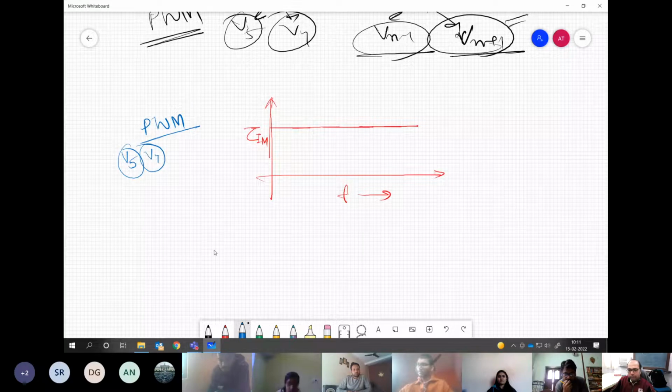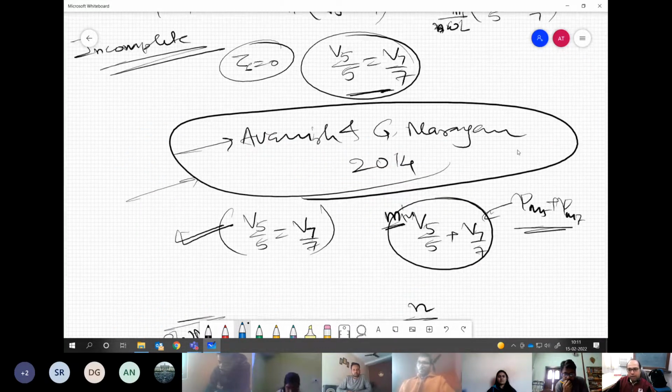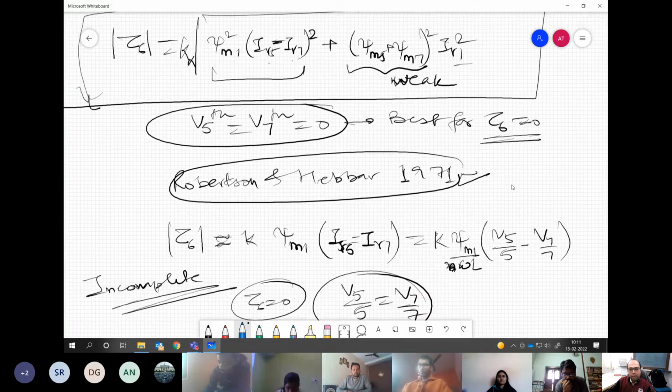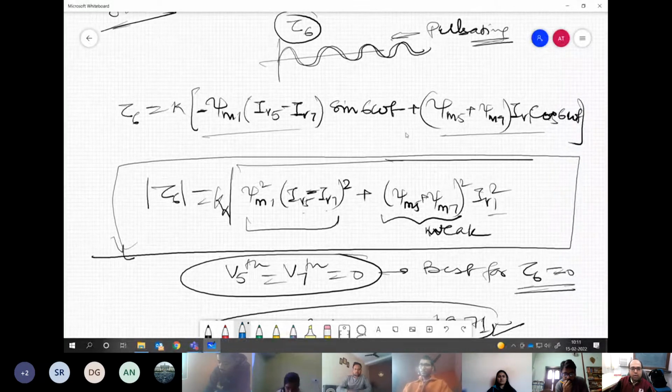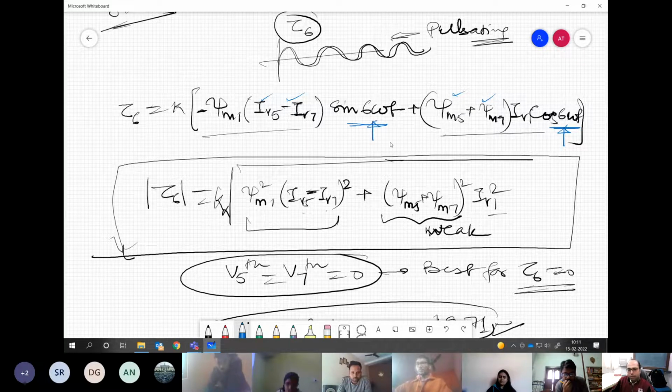What will happen? What will be the effect of that? The harmonic torque which is generated because of these harmonic currents and harmonic fluxes creates something which is varying with time, even for a given load condition. And this variation is 6 times the fundamental frequency.